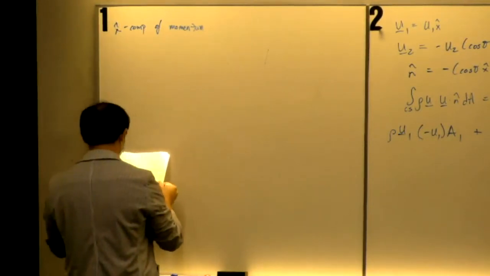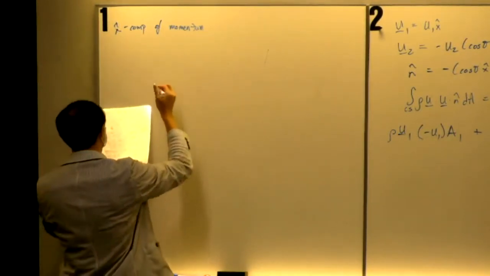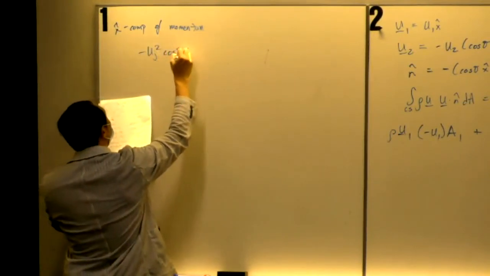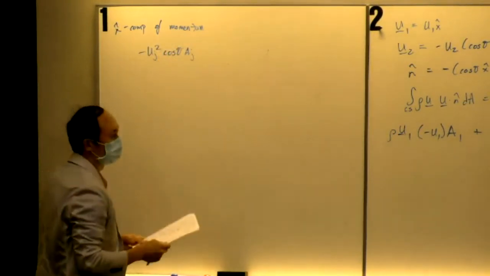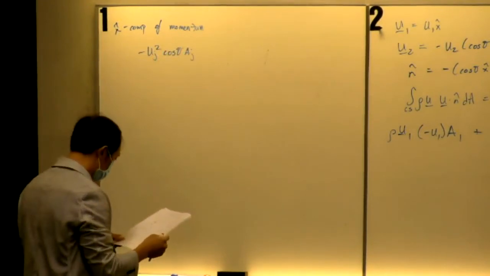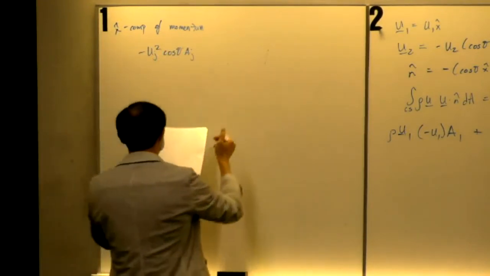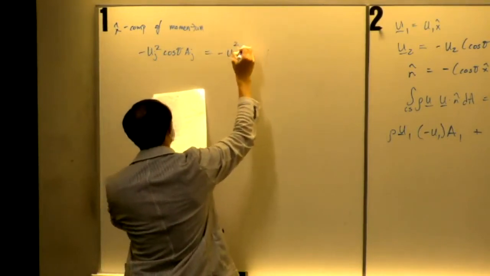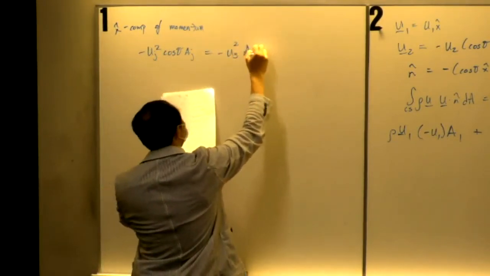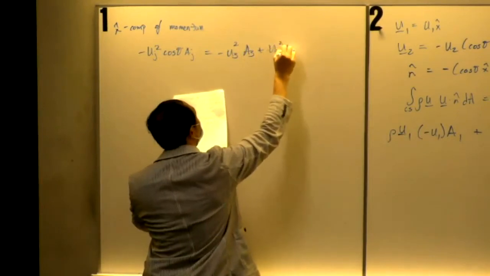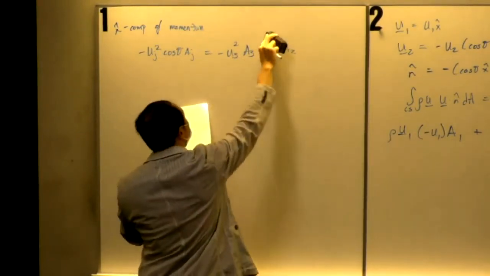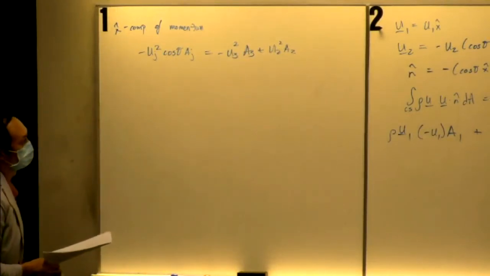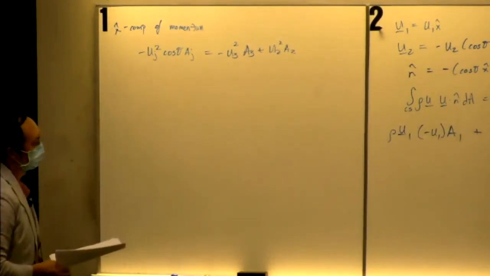So the x component of the momentum equation gives us this: negative Uj squared cosine theta Aj is equal to negative U3 squared A3 plus U2 squared A2, where I've gotten rid of all the rows, and I moved one of them to the left side.